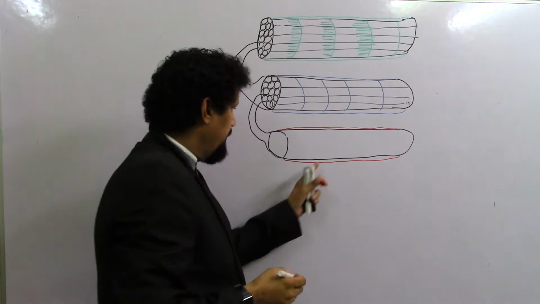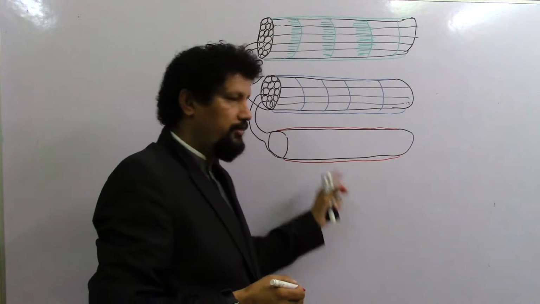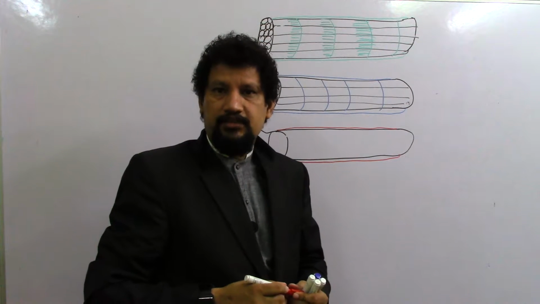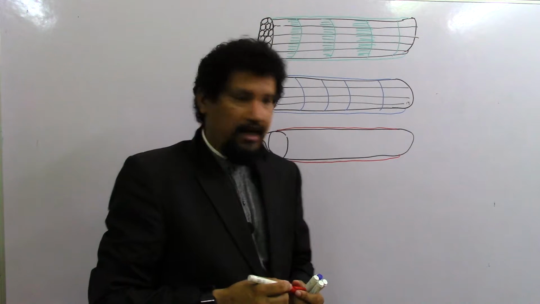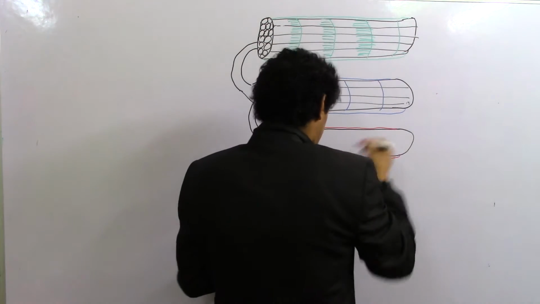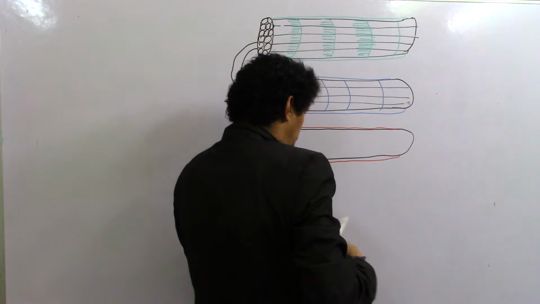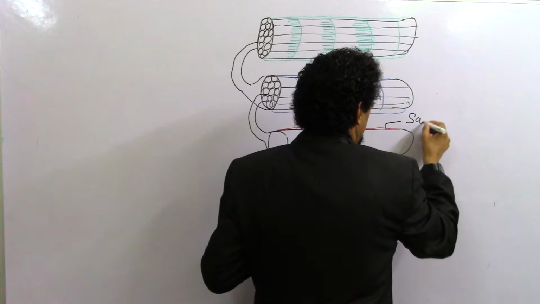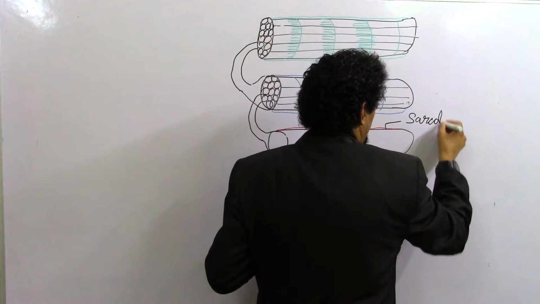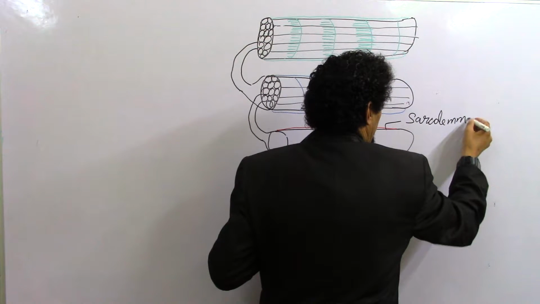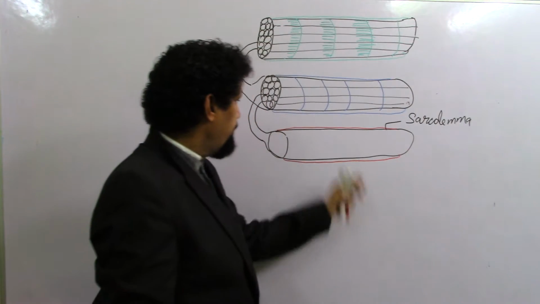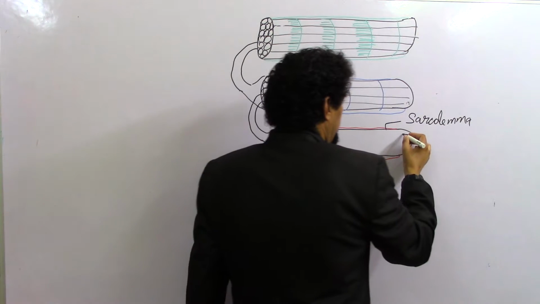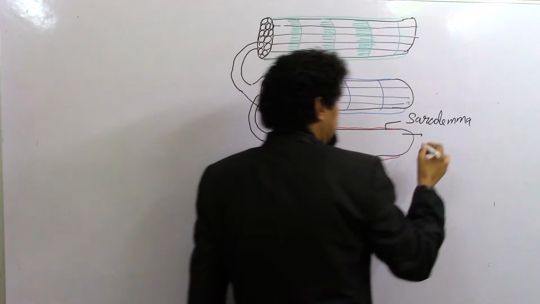And the covering membrane of the muscle fiber or the myofiber is known as sarcolemma. So this plasma membrane is known as sarcolemma, and the plasma or cytoplasm of this muscle fiber is known as sarcoplasm.